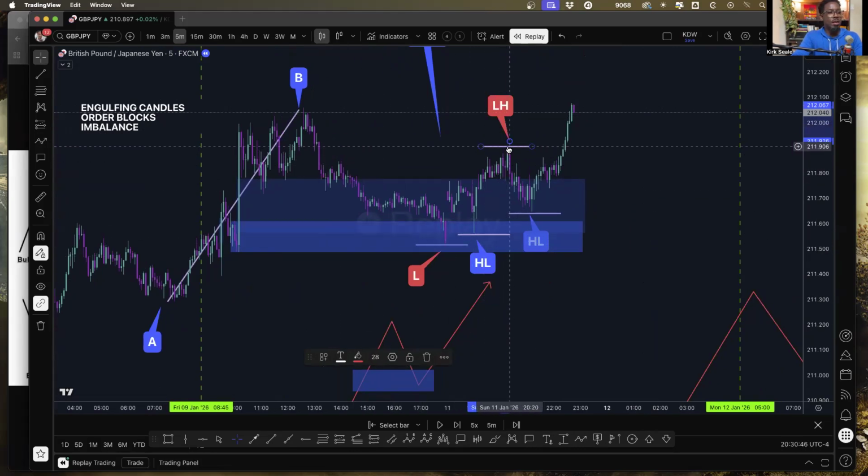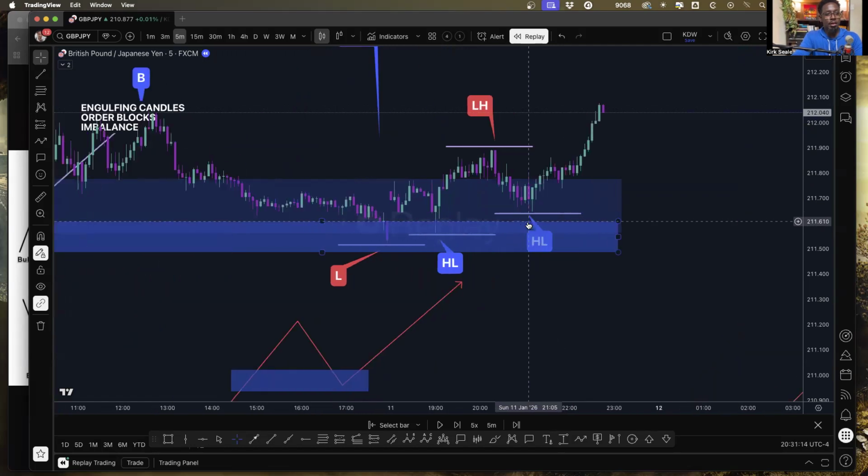And this high, I guess we're only on 5 minutes, so things are a little bit different. So this is probably a high, so this would then be that higher high that we were looking for before. Or even if we consider this a higher low, a lower high, we got our second higher low here.